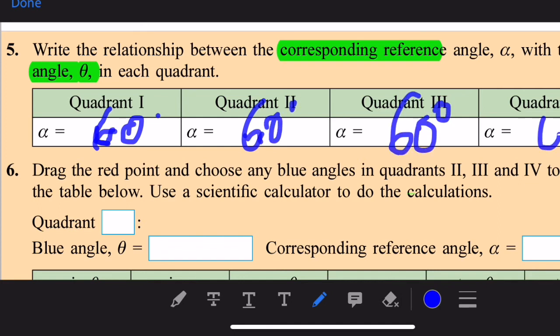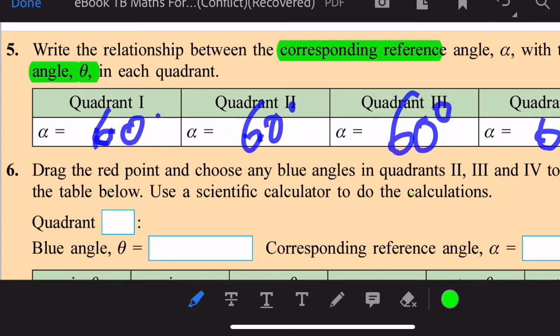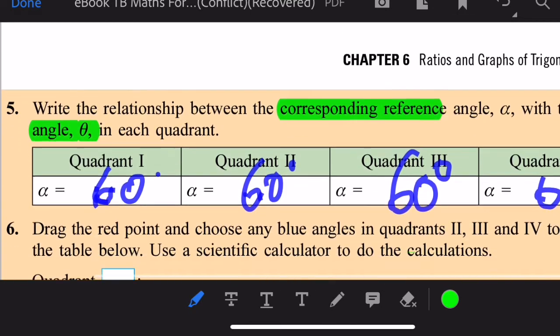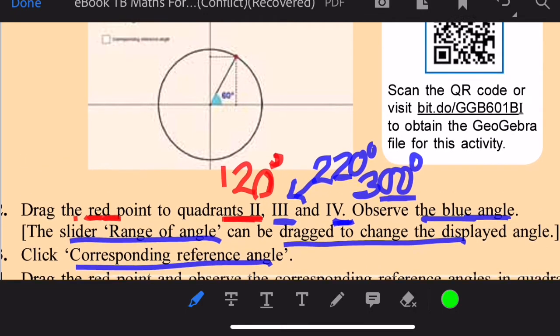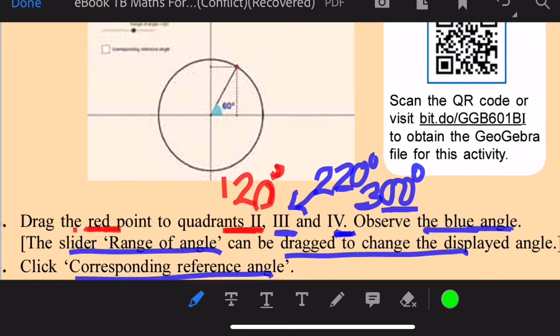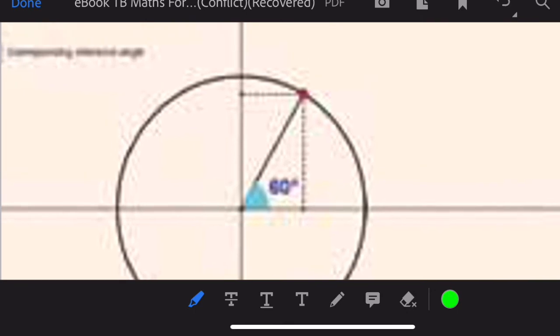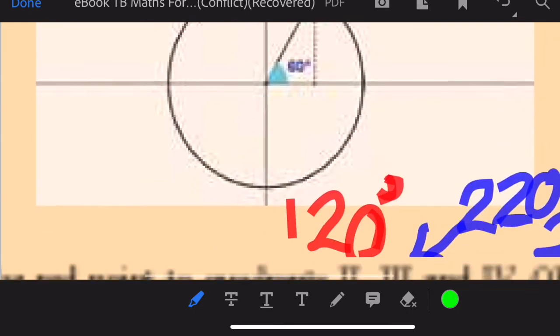We can use 60 degrees for all of them, where alpha is the reference angle and the blue angle is theta in the quadrant.